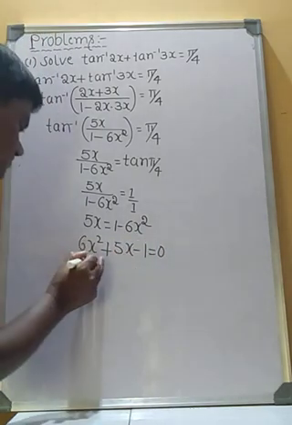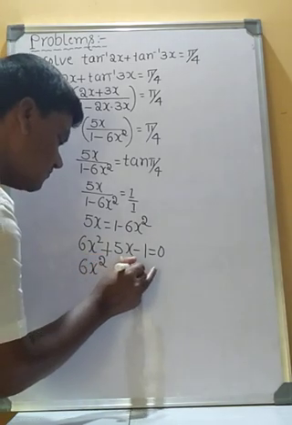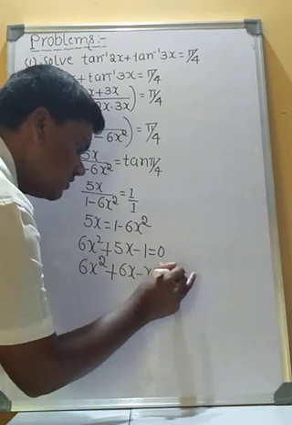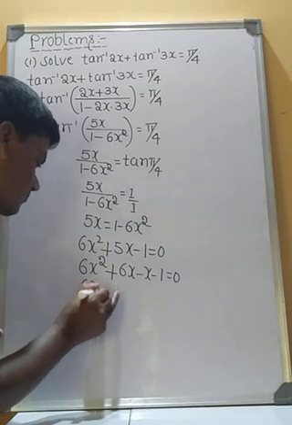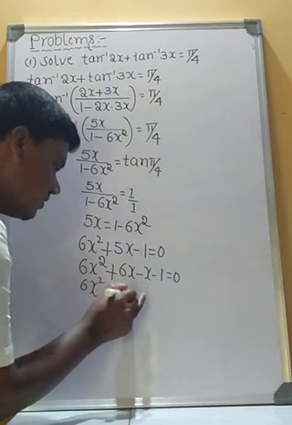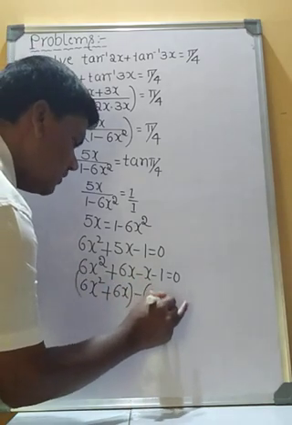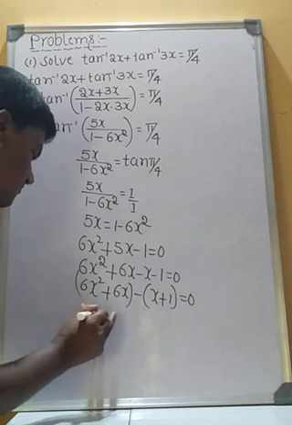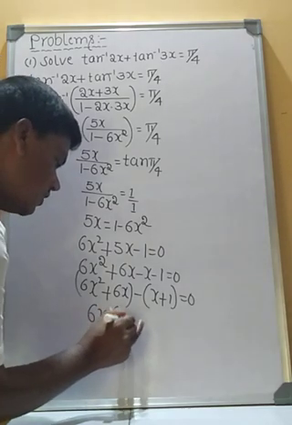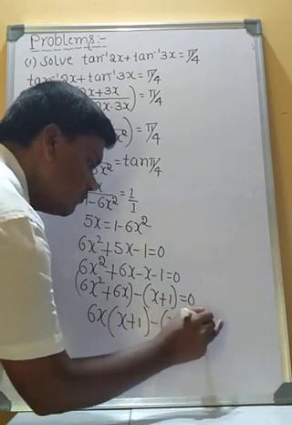So factorize this equation. 6x square plus 6x minus x minus 1 equals 0. Now by grouping, 6x square plus 6x, 6x is common: 6x into (x plus 1), minus (x plus 1) equals 0.